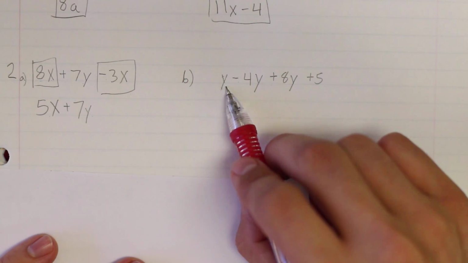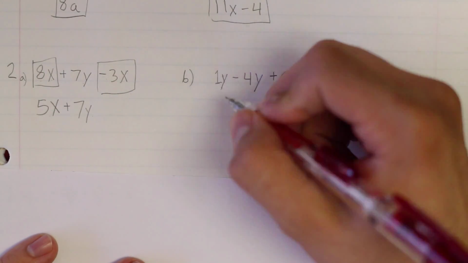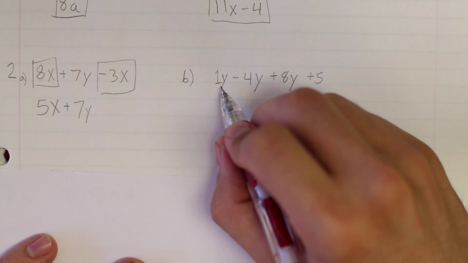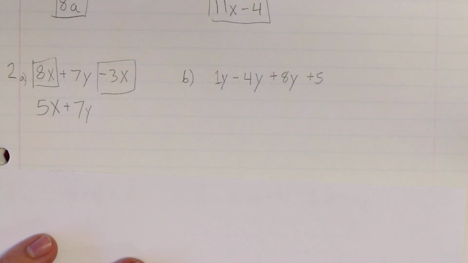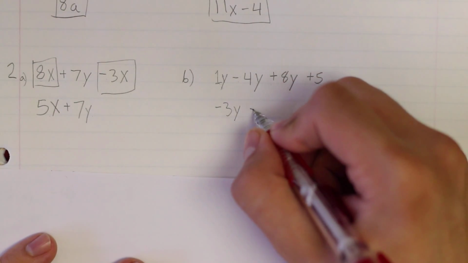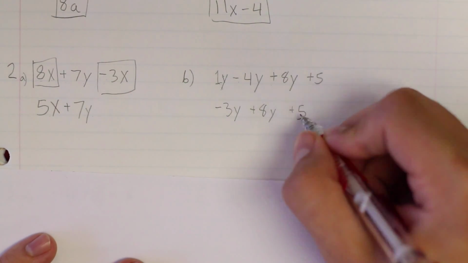Remember, when you see a variable by itself, it's understood that there's a 1 right here, okay? So if we understand there's a 1 right here, and we say, well, 1y minus 4y, that would be negative 3y plus 8y plus 5.